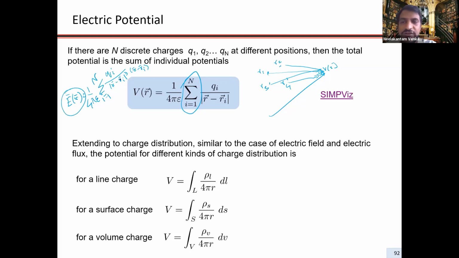Instead of doing that for the electric field, we are doing it for voltage. Now this is the potential, the voltage at a point. Same thing, then you can extend to the line charge, surface charge, and volume charge integrals.